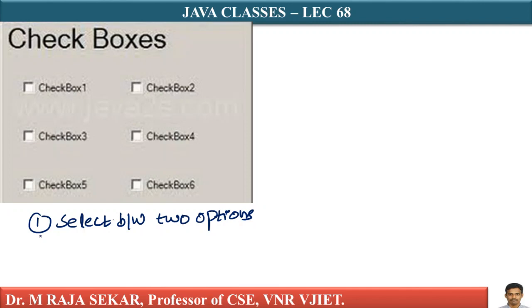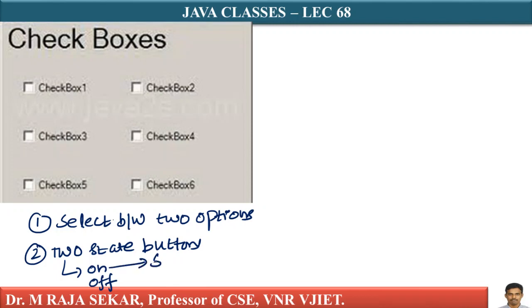Checkboxes are two state buttons. Basically, they are two state buttons that can be either on state or off state. What is on state?